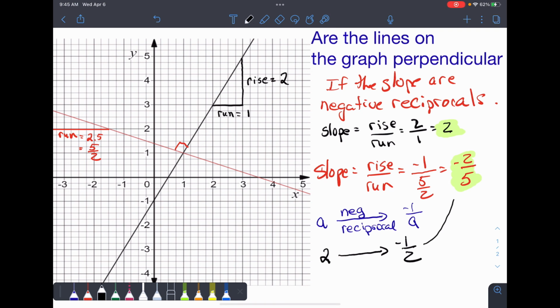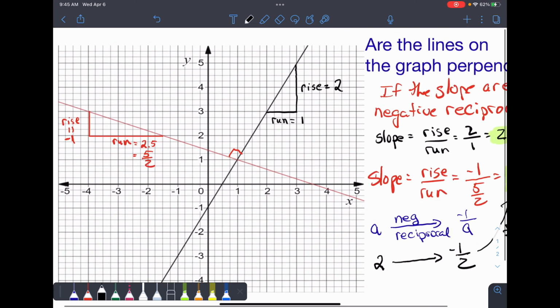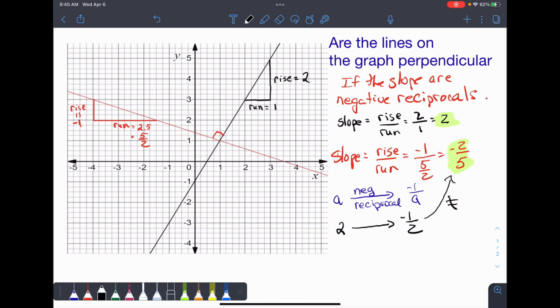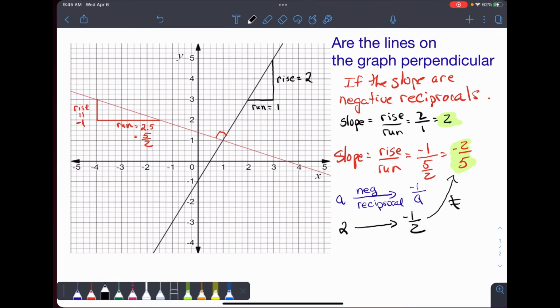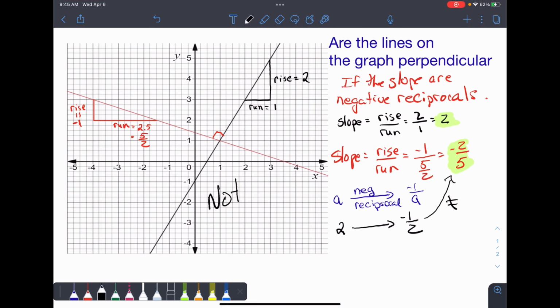And that is definitely not equal to -2/5. Negative 1/2 is not equal to -2/5. So the two slopes are not negative reciprocals, so these two lines are not perpendicular.